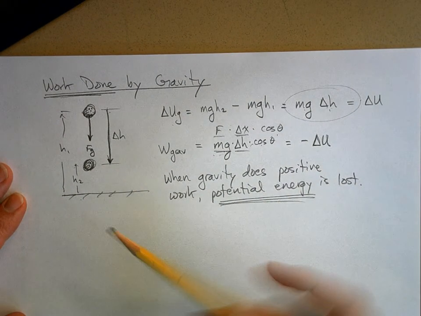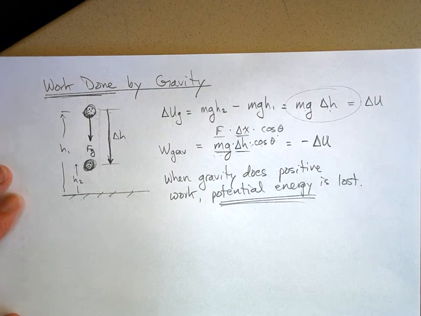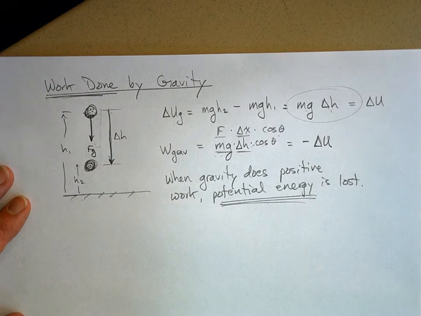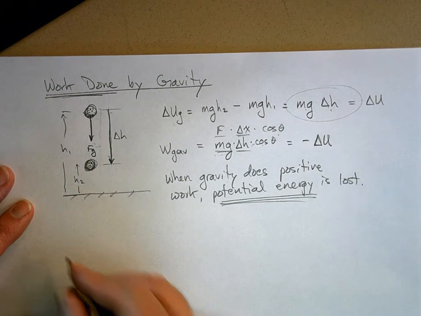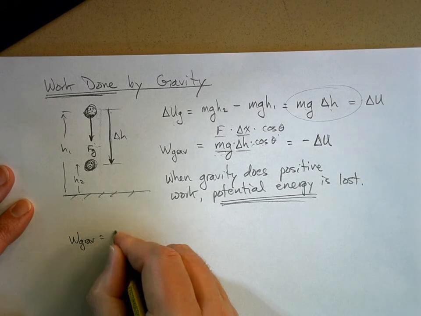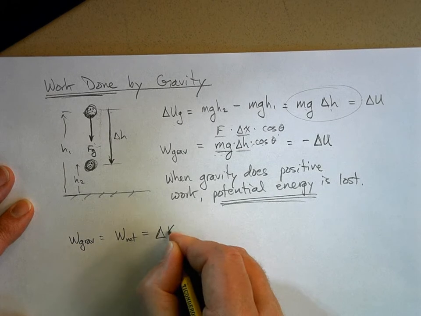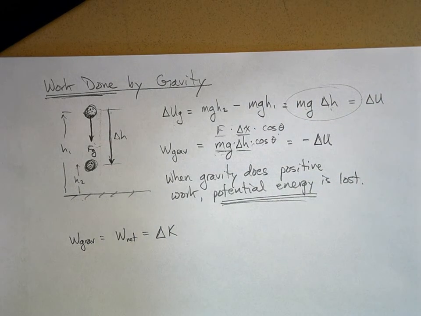Now, as this bowling ball falls down, do you see that this is the only force doing work? So the work done by gravity is equal to the work done by the net force. Well, that's going to be equal to the change in kinetic energy. Does that make sense?